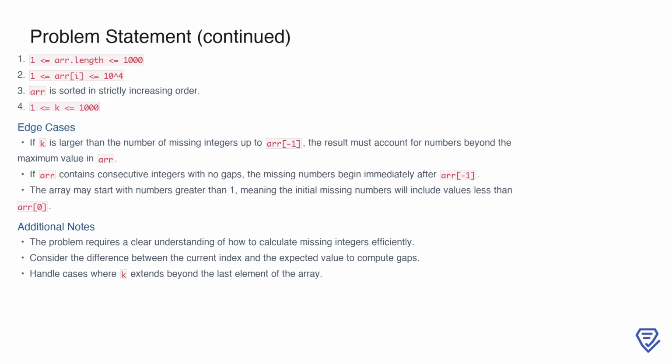Now, for edge cases, if k is larger than the total number of missing integers within the range of the array, you'll need to account for numbers beyond the array's largest value. Similarly, if the array starts with a number greater than 1, the initial missing integers will include values smaller than the first element. To solve this efficiently, it's important to compute gaps between expected and actual values in the array, while also handling cases where the solution lies outside the array's range.